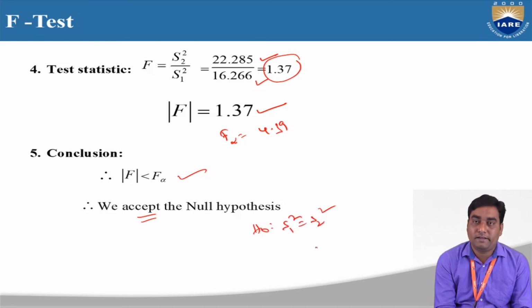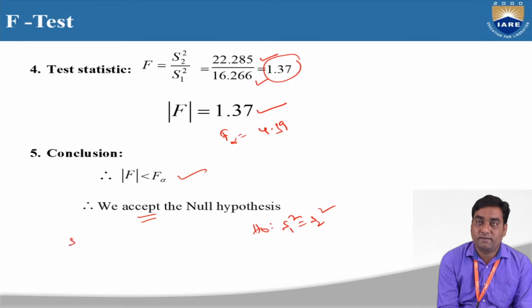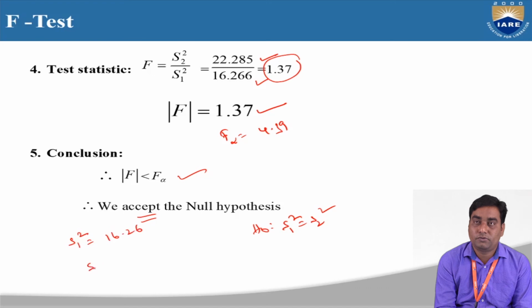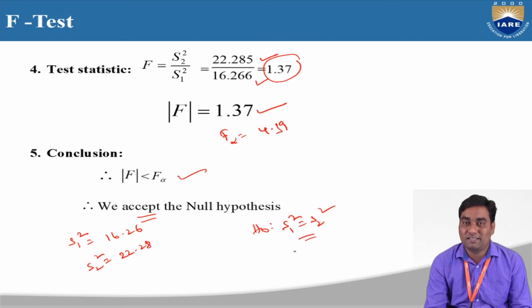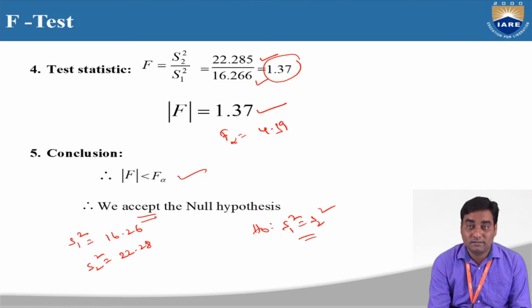There is also some error, because the S1 square value is 16.26 and the S2 square value is 22.2. Both are not the same, but I proved that both are the same. That means there is an error in our procedure. That error is accepting the null hypothesis. Accepting the null hypothesis when it is false means a type 2 error.